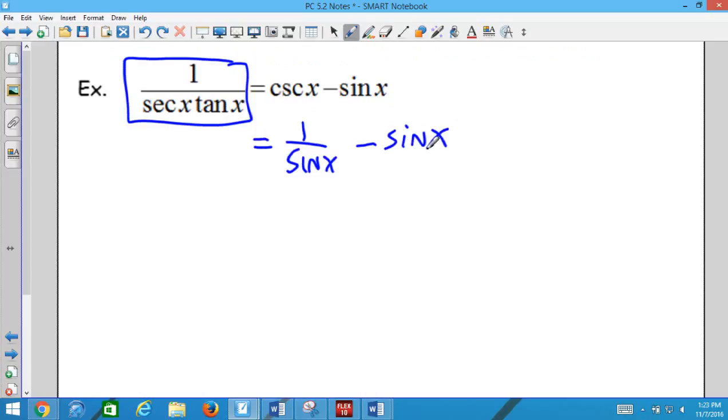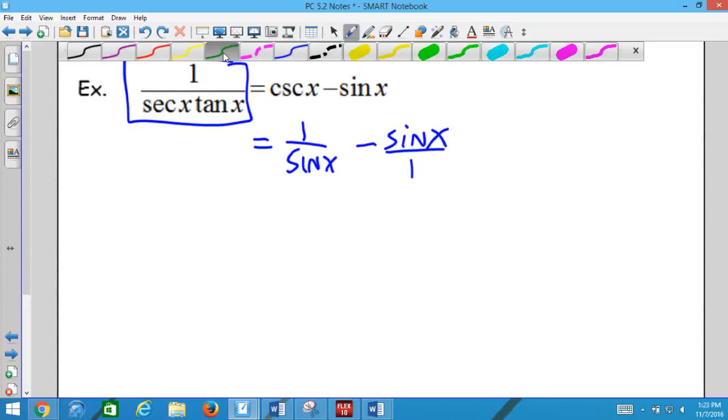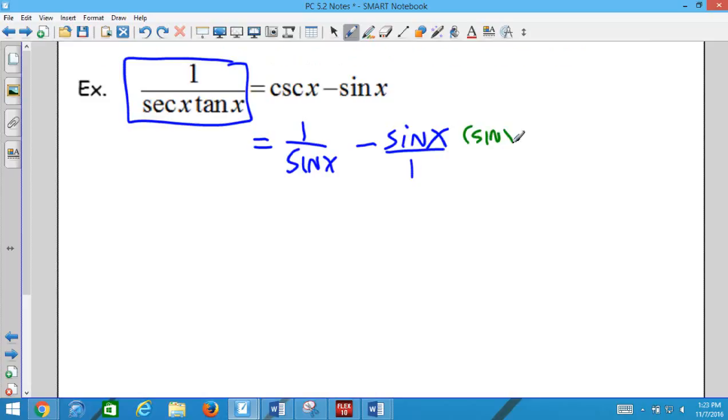And then from there, these are fractions. So in order to subtract them, we find a common denominator, which is sine x. So over here, I have to multiply this one by a value of 1. So it does not change the value of it, it just changes the appearance of it.